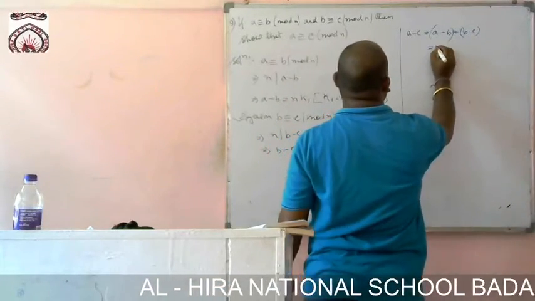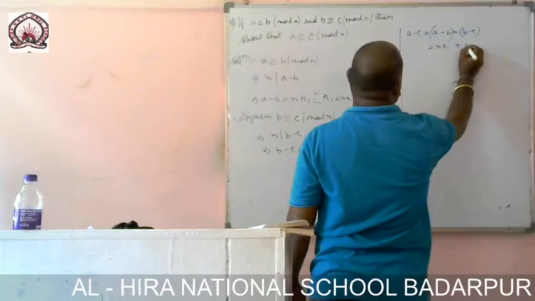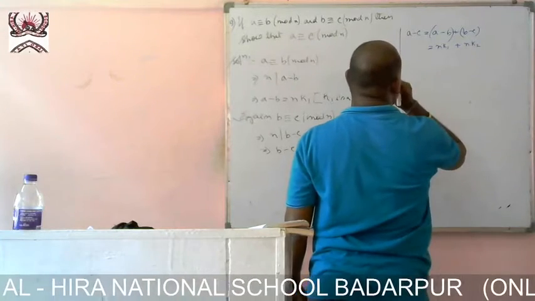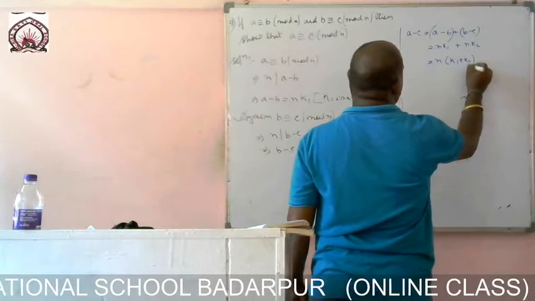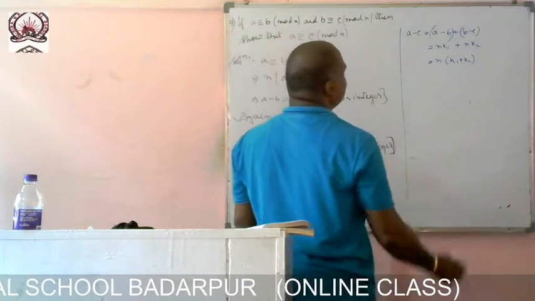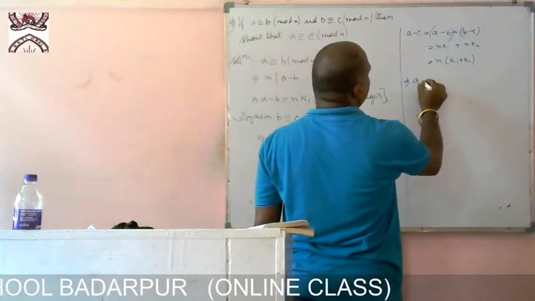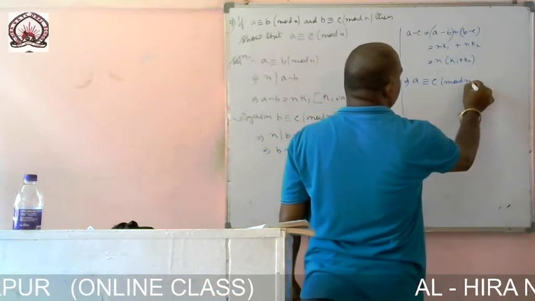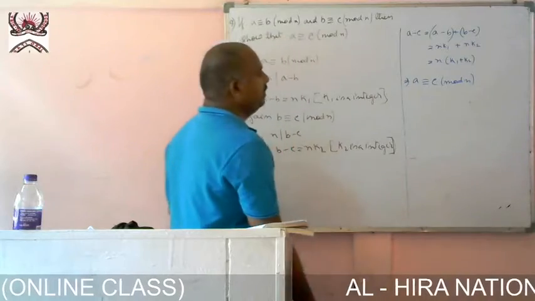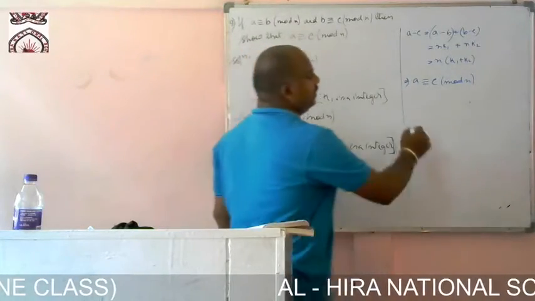Now A minus B equals n into k1, and B minus C equals n into k2. So can I take n common? So n into k1 plus k2. Clear? So what you can say? It implies A is congruent to C mod n. We can write this. Clear? So the answer is this.